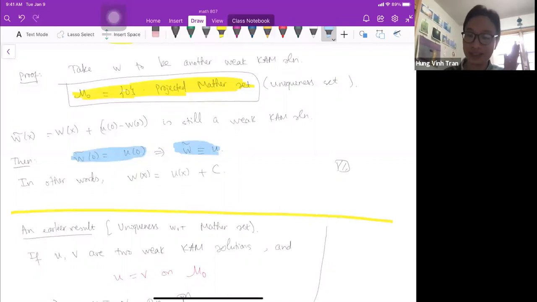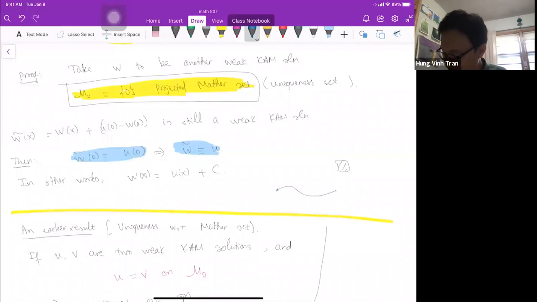So it's a beautiful result. If the projected matter set is only 1 point, then we only have to shift it. Maybe the picture is this: this is the function u, this is 0, and u0 surely equals u1. Then you have another function w. I don't know what w is, but maybe it's like this.